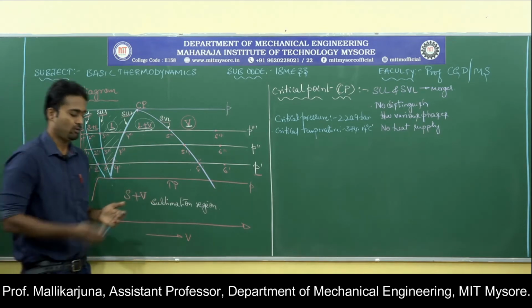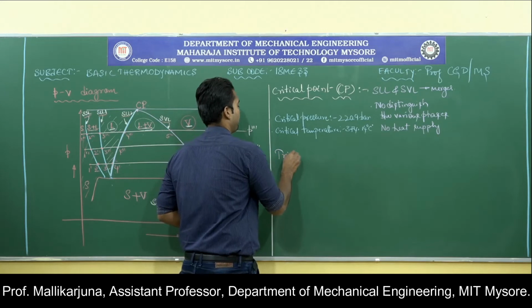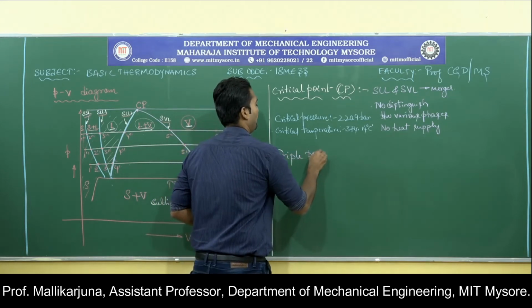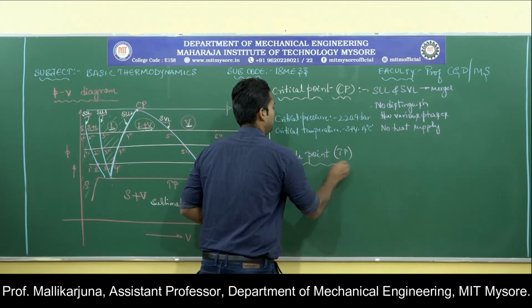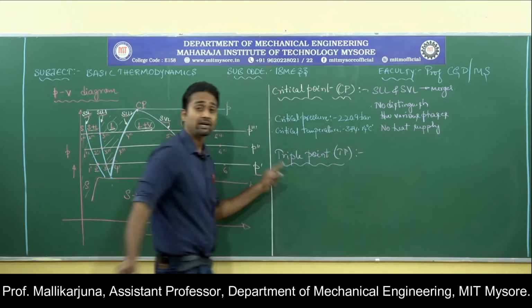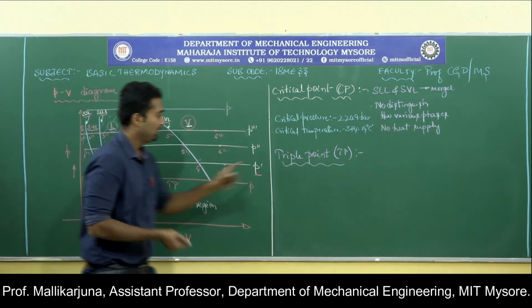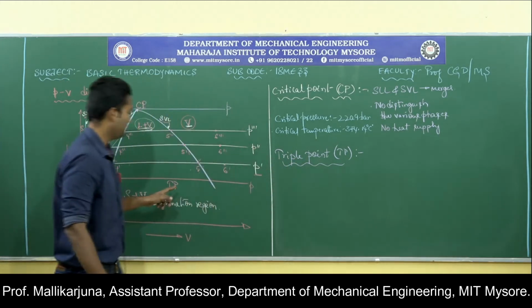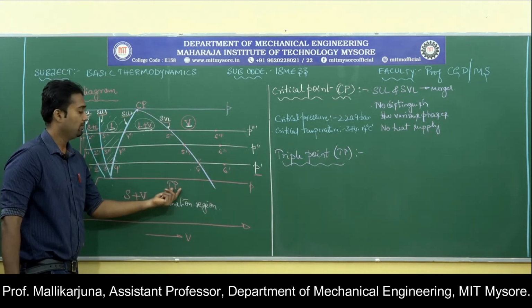Next thing is the triple point, which is denoted as TP. As the name itself indicates, there are three different aspects in that point. Now, you can ask the question: I have written this as a line, but the name is a point.